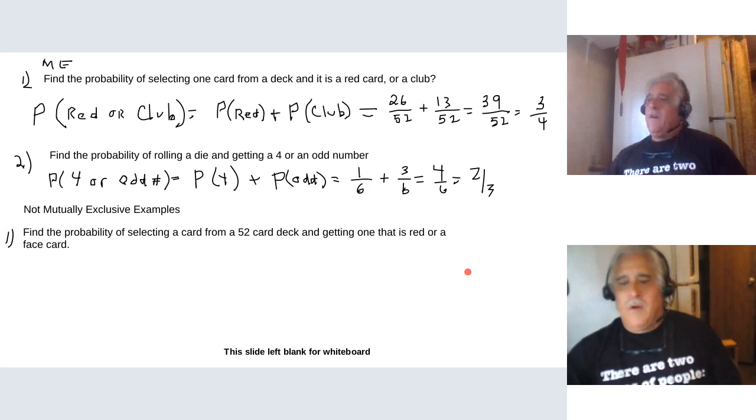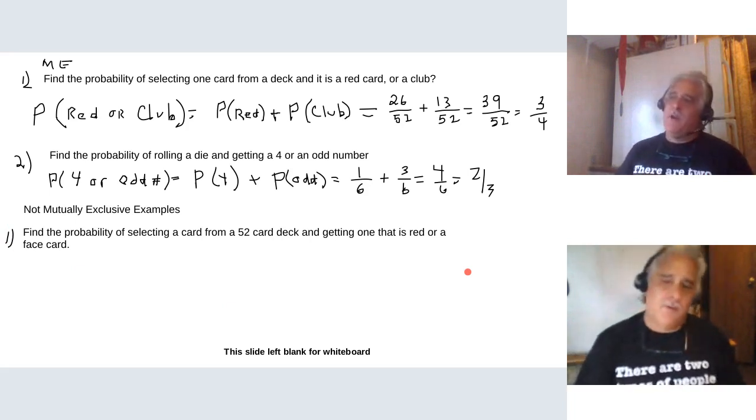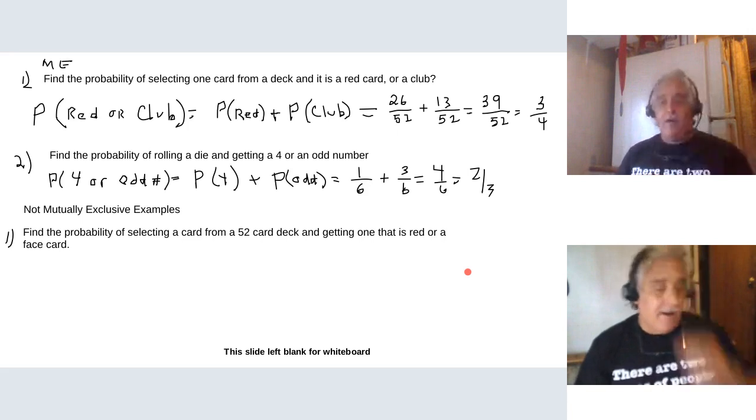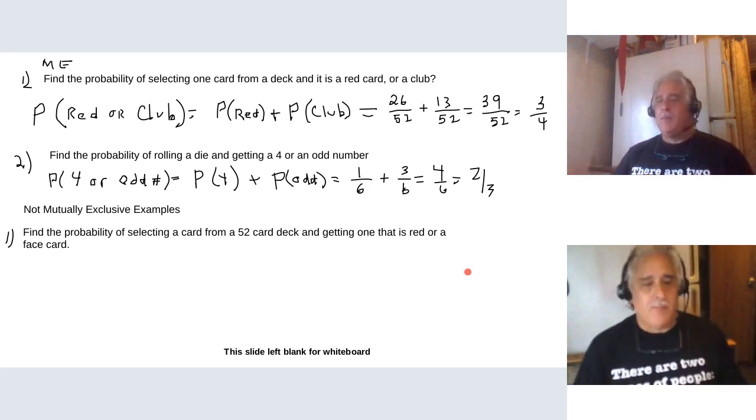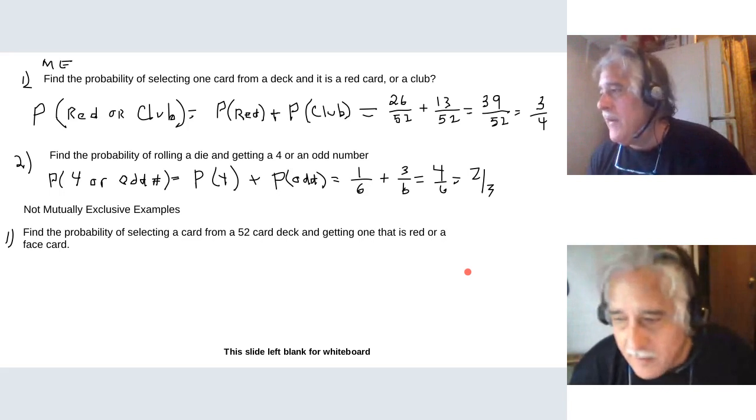All right, find the probability of selecting a card from a 52 card deck and getting one that is red or a face card. Now, we have to remember back to our sample space that these two things are not mutually exclusive, because you can have a red card that is also a face card.